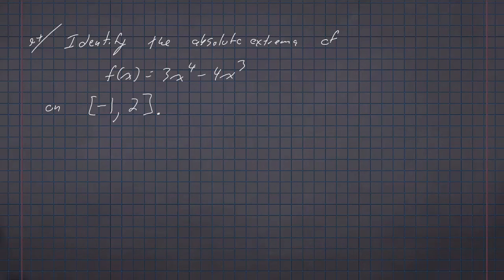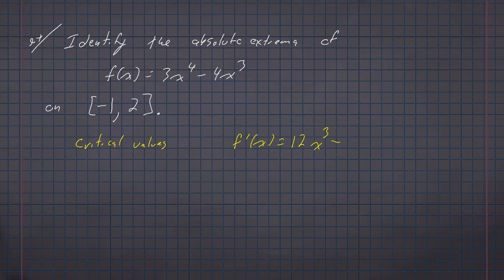So the first thing we need to do here is identify the critical values. So we take the derivative of 3x to the fourth. Derivative of x to the fourth is 4x cubed. Multiply that by 3, we get 12x cubed.